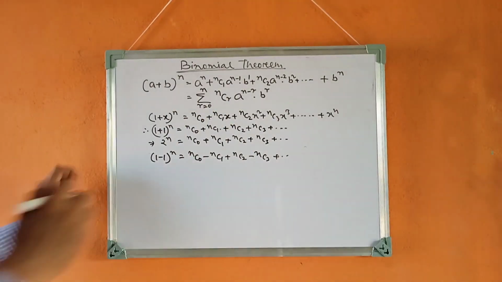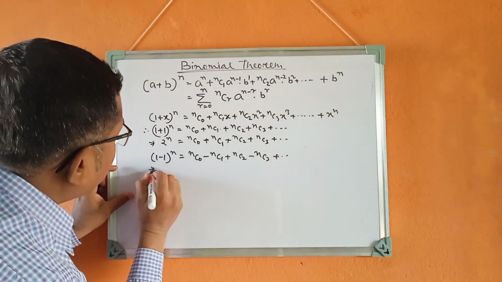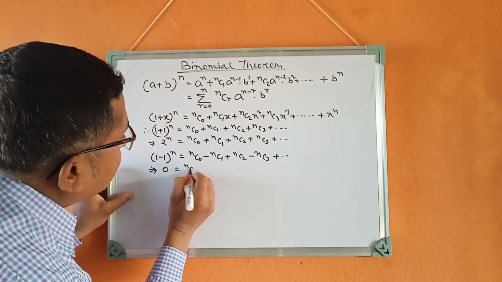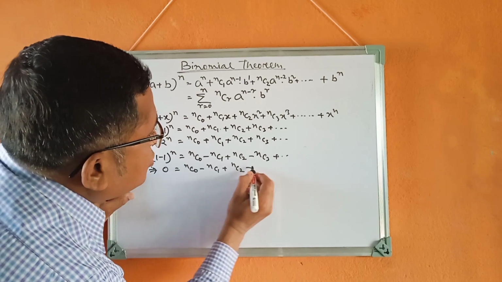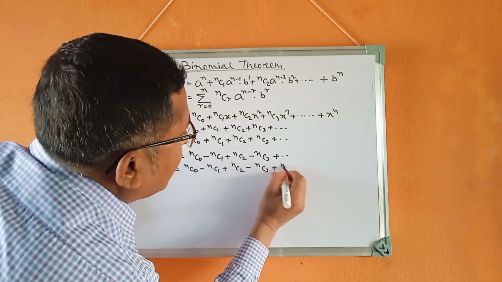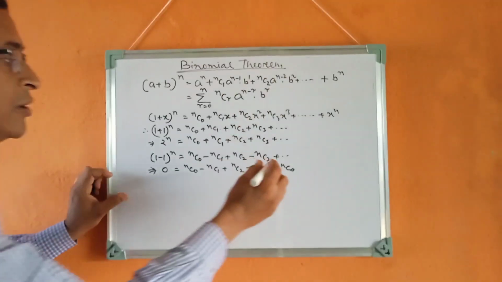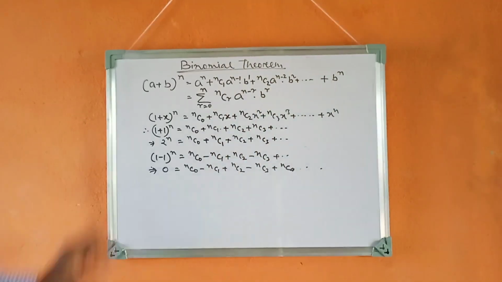Clear everyone? So 1 − 1 equals 0, so we get 0 = nC0 − nC1 + nC2 − nC3 + nC4 and so on.